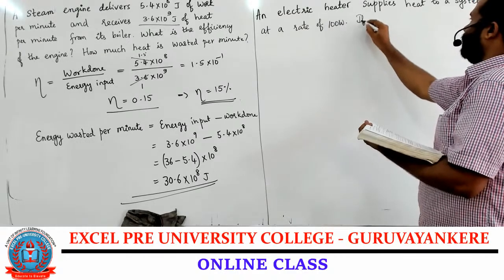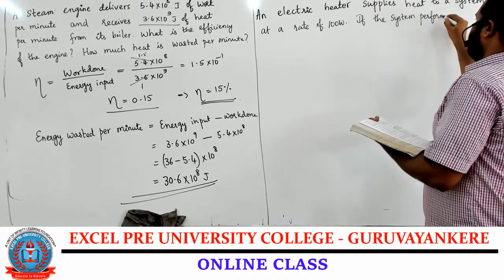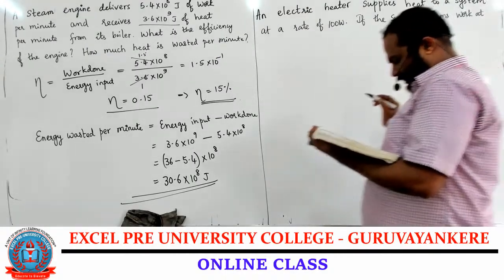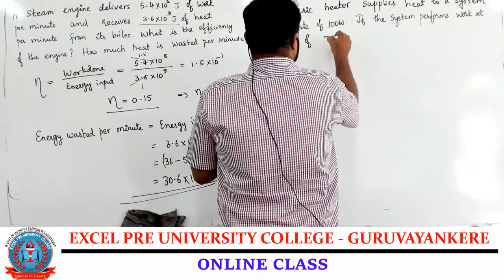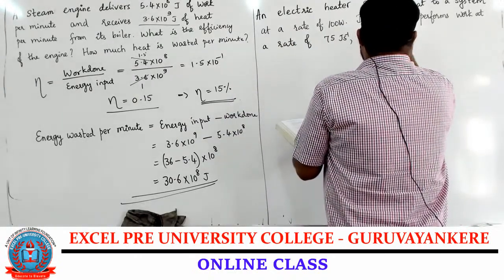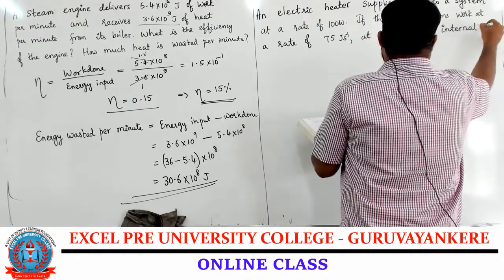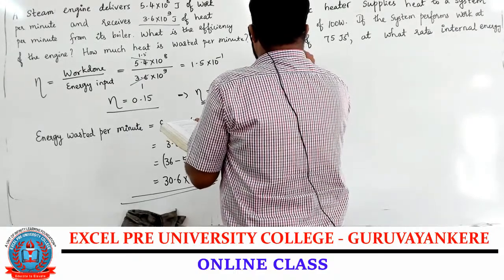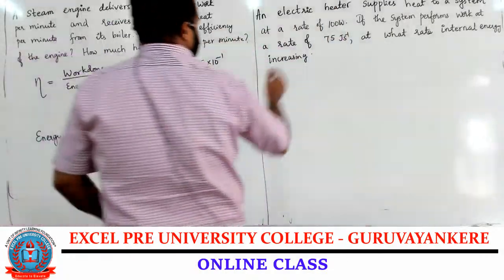If the system performs work at a rate of 75 joule per second, at what rate is the internal energy increasing? At what rate internal energy is increasing?